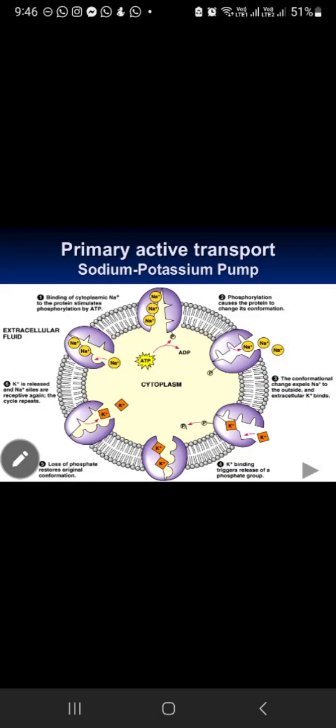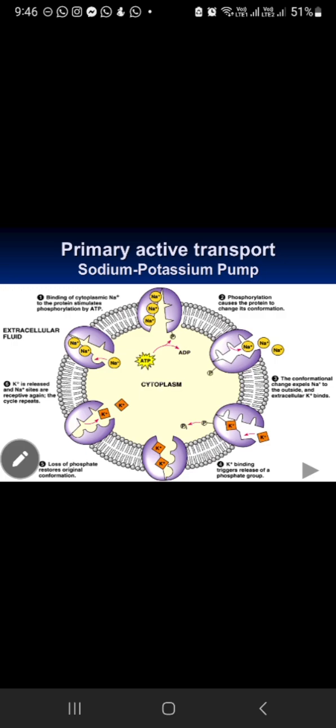The primary active transport is one of the most important structures allowing the normal state of the body, and we have a channel called the sodium potassium pump in the cell membrane. That's the primary example of primary active transport.